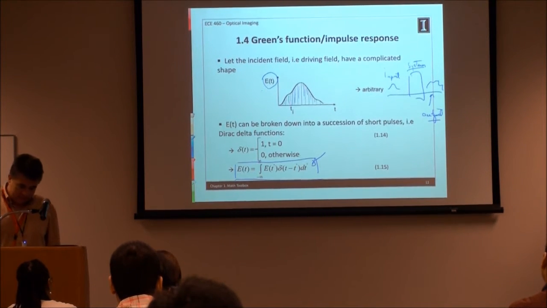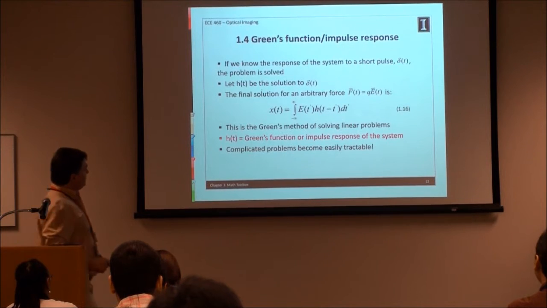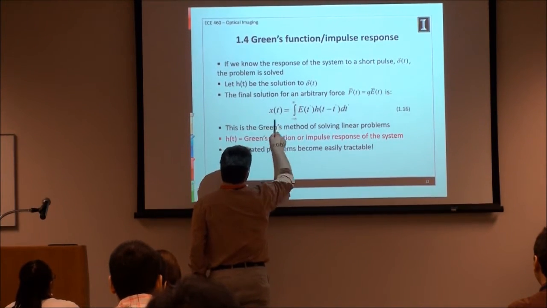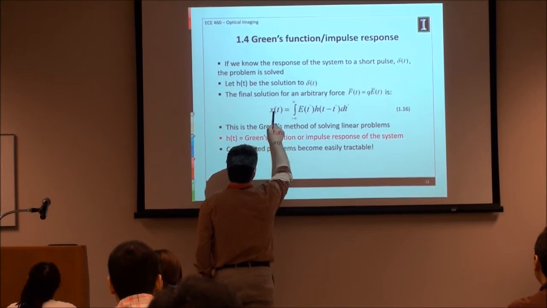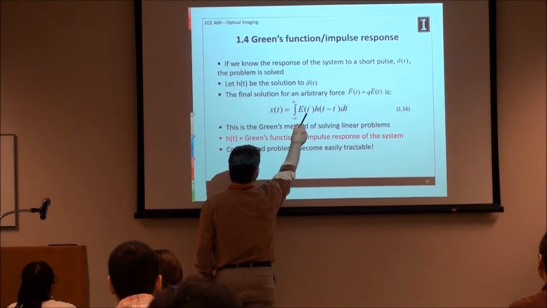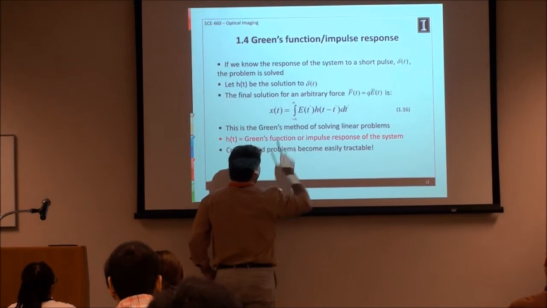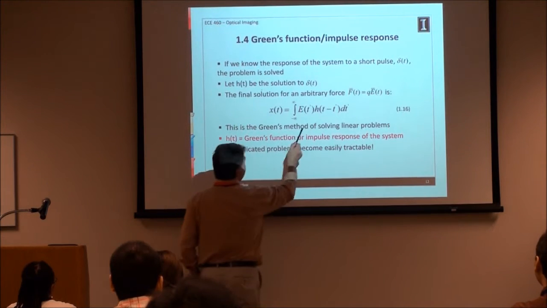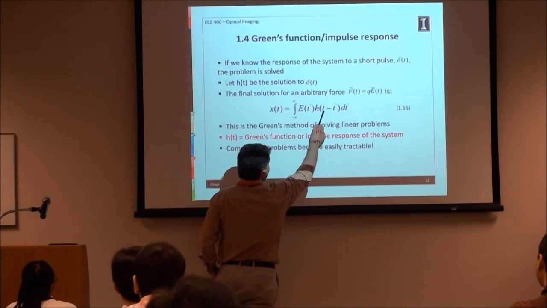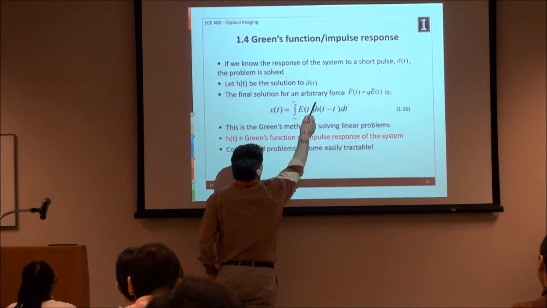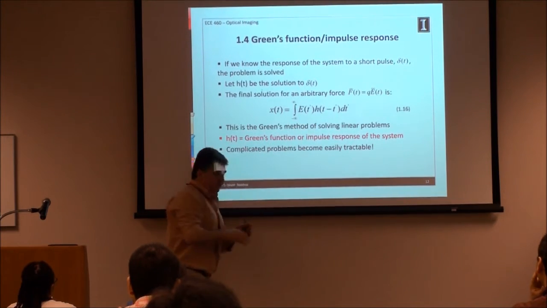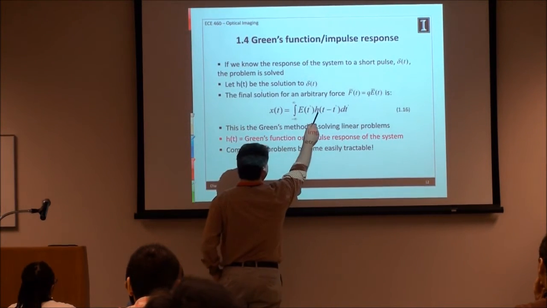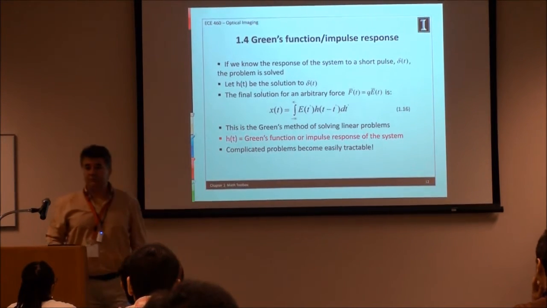Right? So what that means is that all I need to do to find the final solution, x of t, the response, the output of this input, is to add the responses to each of the delta functions. And remember, the delta functions were shifted at different positions. We call the response to delta, if I send the infinitely short pulse through the system, I get out h. I just call it h.